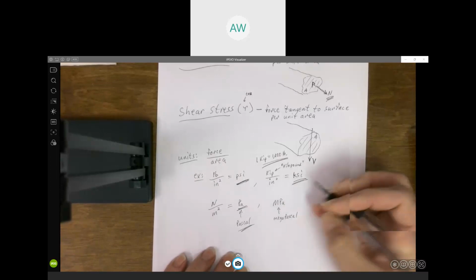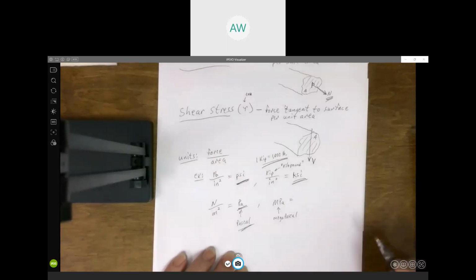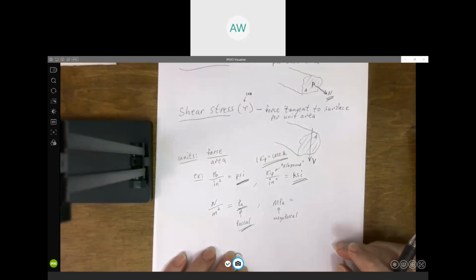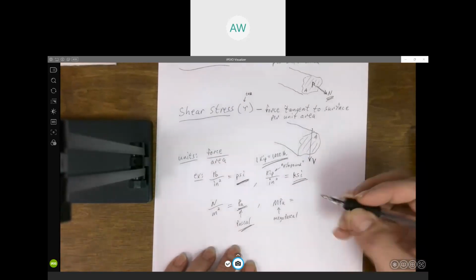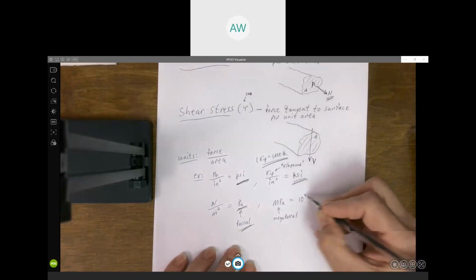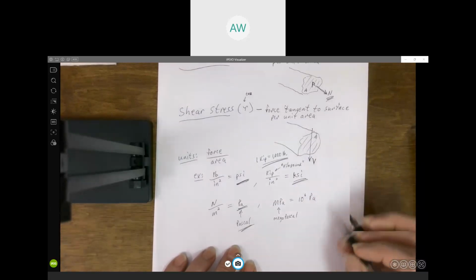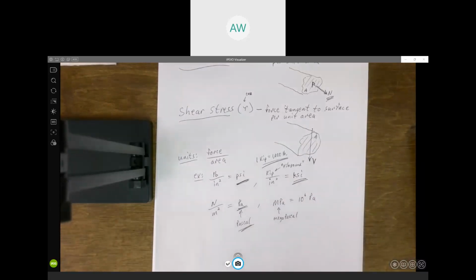And if you're not familiar with those SI abbreviations, mega is 10 to the 6th. So this would be the equivalent of 10 to the 6th pascals. So if you're calculating stresses in SI units, you're going to get really big numbers, and so your stress typically is going to be given as so many megapascals. And you just need to know that, again, mega is 10 to the 6.